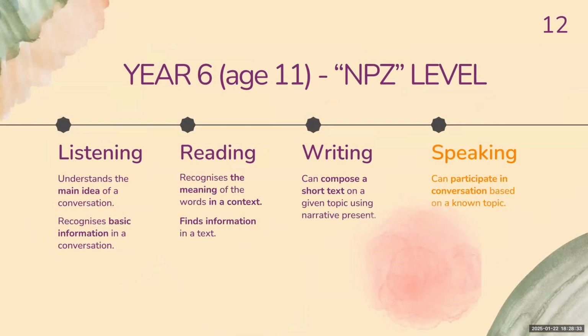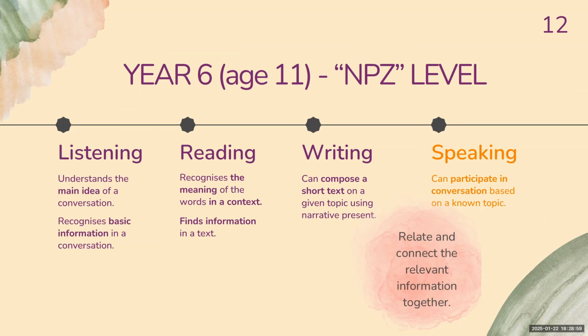So if we look at our final aim, our beacon, which is at the age of 11 in Slovenia, the goals that we have at our national examination tests, which is what is written here. If you want to do listening, reading, writing, there is no speaking, but we can also focus on speaking.